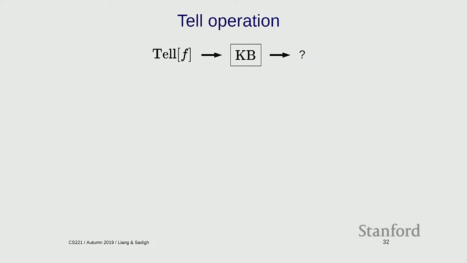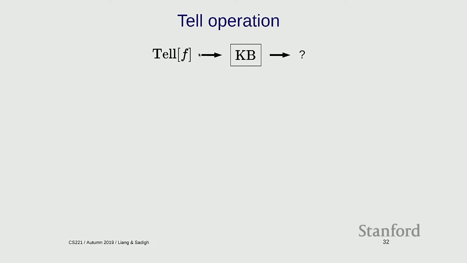So with these three notions, entailment, contradiction, and contingency, which are relationships between a knowledge base and a new formula, we can now go back to our virtual assistant example and think about how to implement these operations.